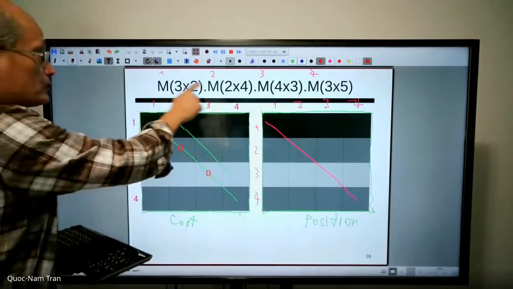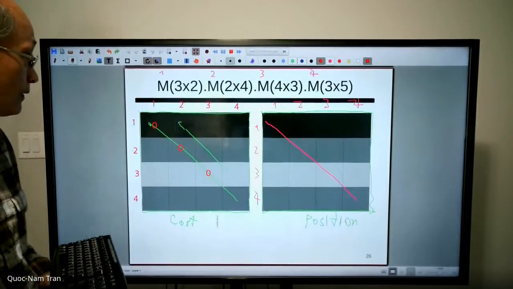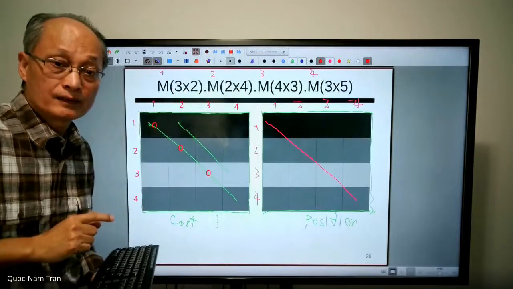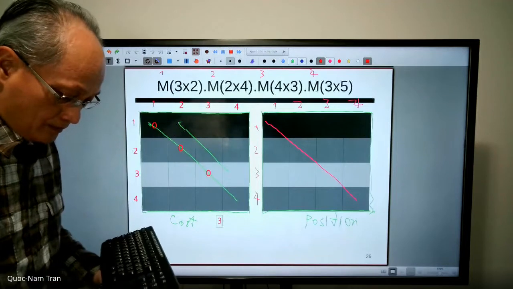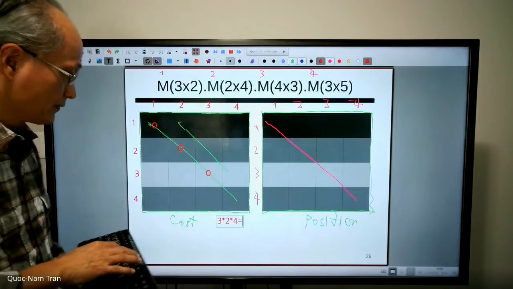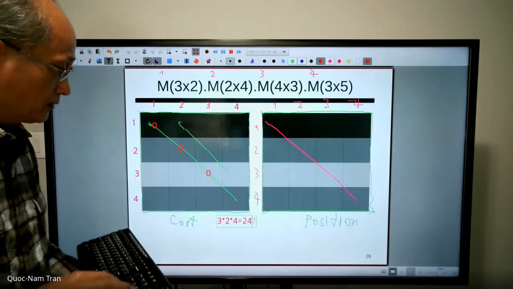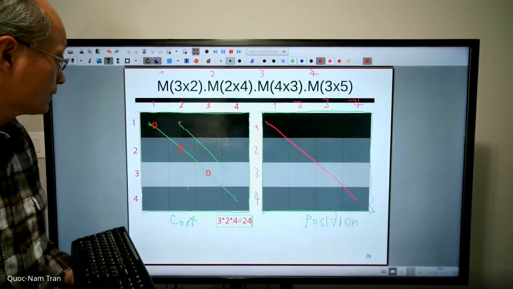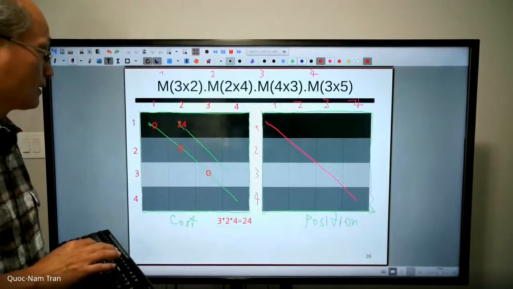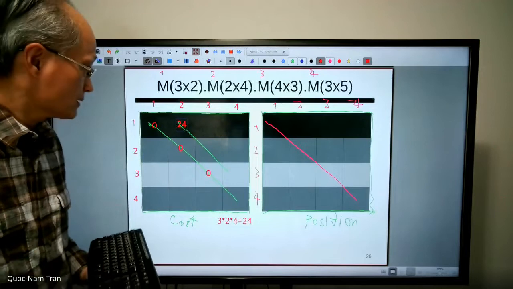So what is the value we have for this cell? Multiplying from 1 to 2, you have 3 by 2 by 4, which is 24, right? So we write it here, 24. It's the only way to multiply them when we have two matrices, right?